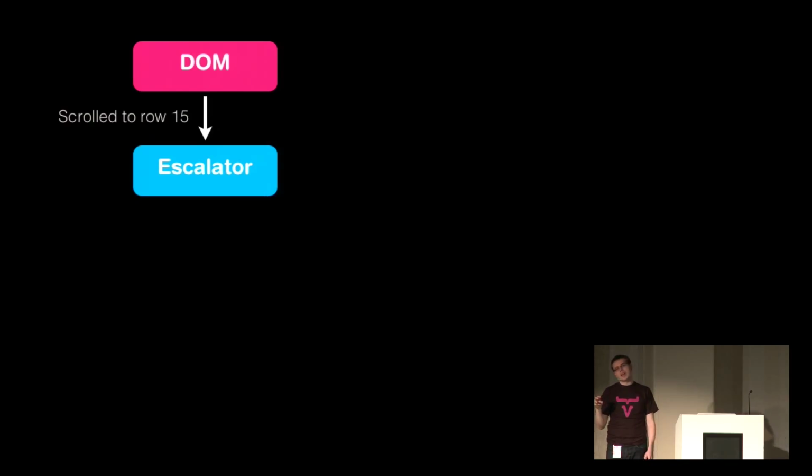Instead, we have this thing that we call Escalator, which is a low-level component that just takes care of talking with the browser. What happens? Escalator sees, hey, okay, someone scrolled, now row number 15 also became visible. All right, what should we do? Escalator doesn't know almost anything except the elements in the DOM. But hey, it knows it can ask Grid to handle this.